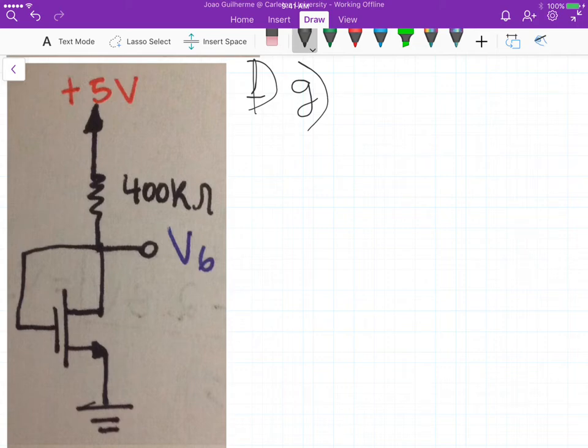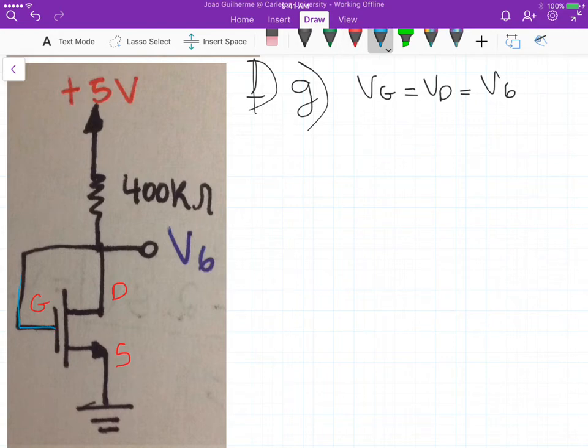So for this particular problem, we know that Vg is equal to Vd, which is equal to V6, right? Because if you look at the circuit, here's the drain, here's the source, here's the gate.